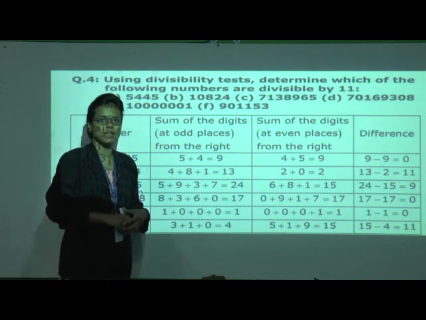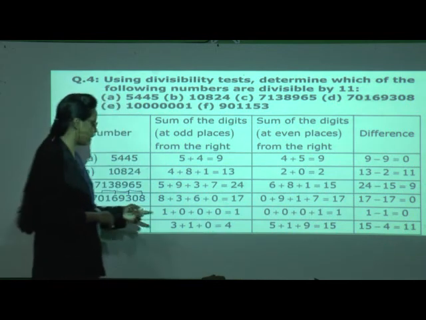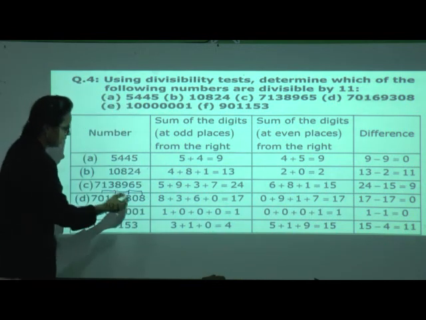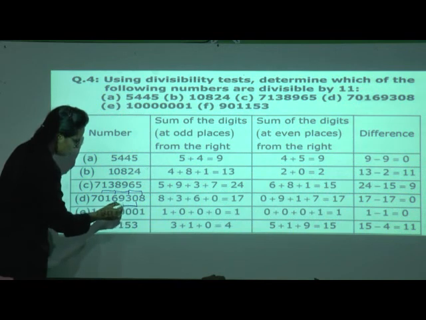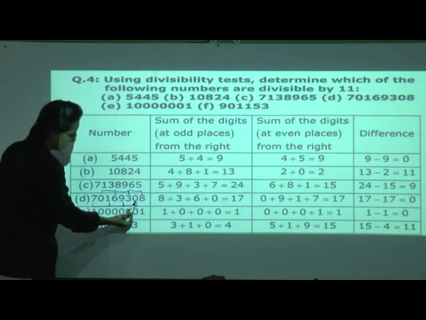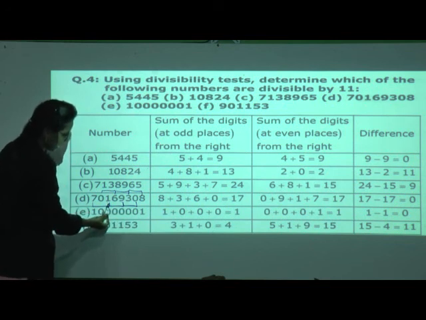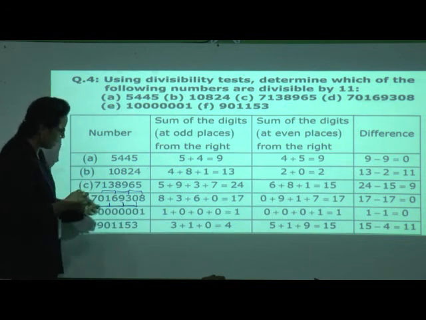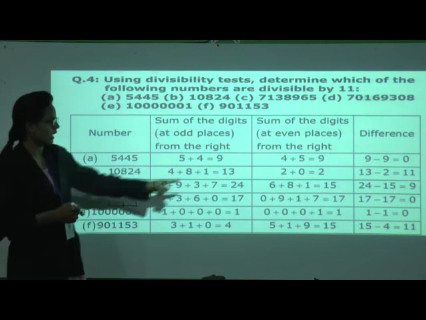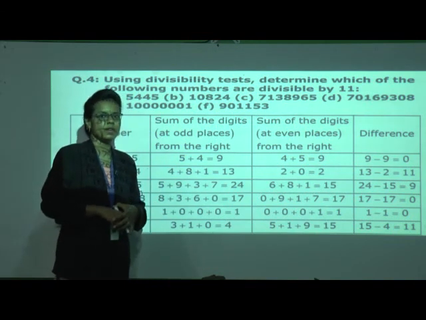Next we take the even places, that is 0, 9, 1 and 7, the second, fourth, sixth and eighth places. When we add, 0 plus 9 plus 1 plus 7, we get 17.